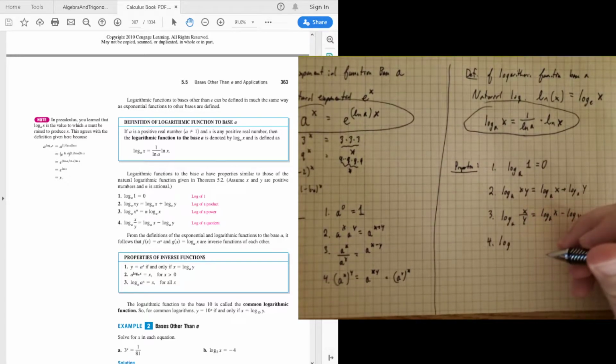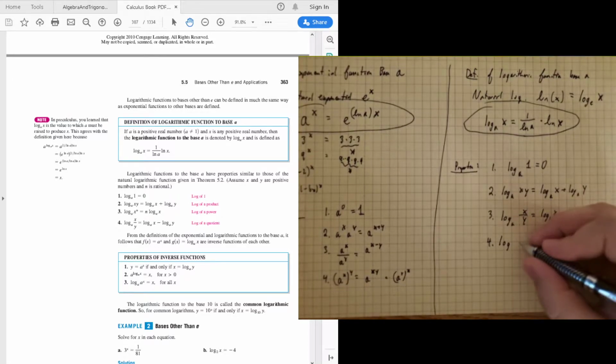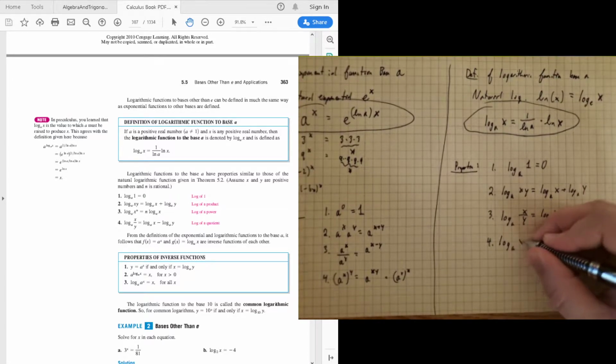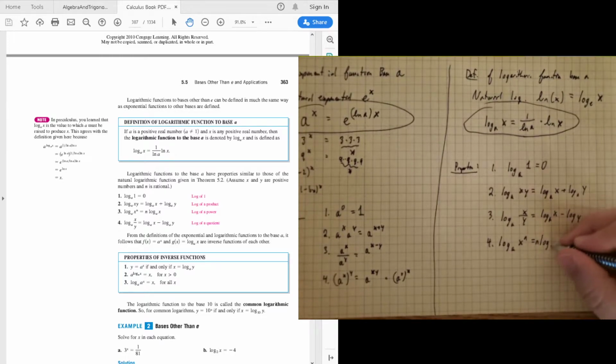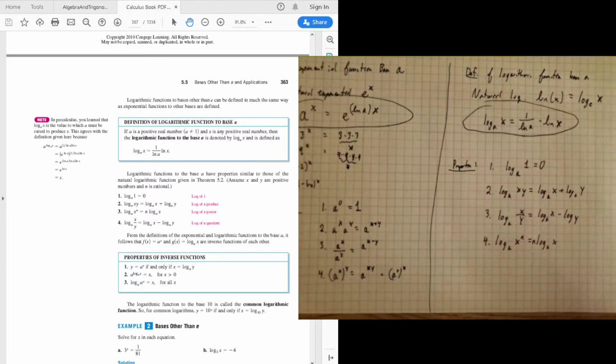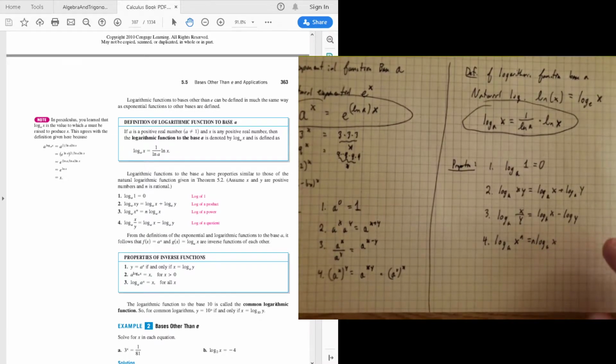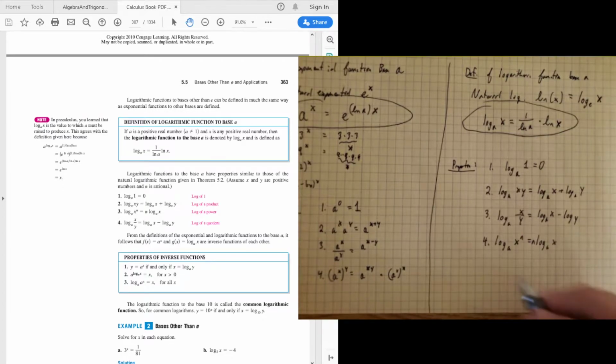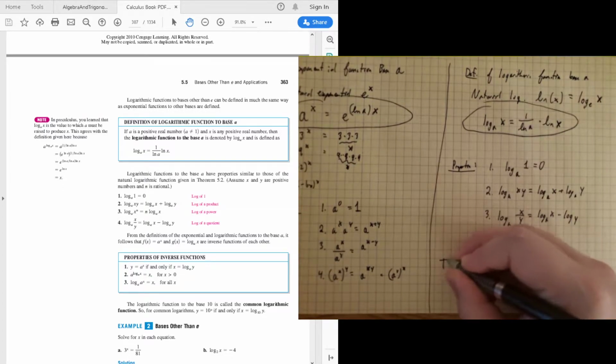Oh, we got these backwards. It doesn't matter. Log base a of x to the n power is equal to n log base a of x. You can put these properties in any order. They're all the same thing. And then last of all these, this is the one that's going to be really pivotal here. How do these all fit together?